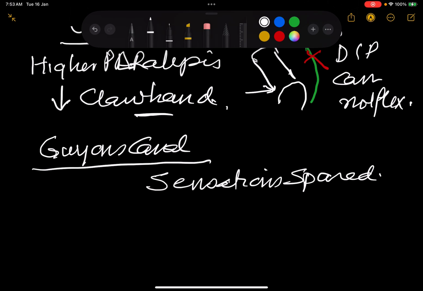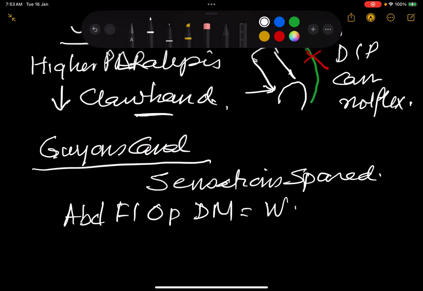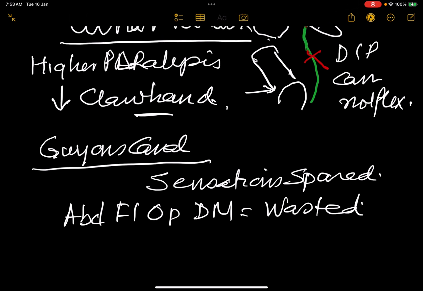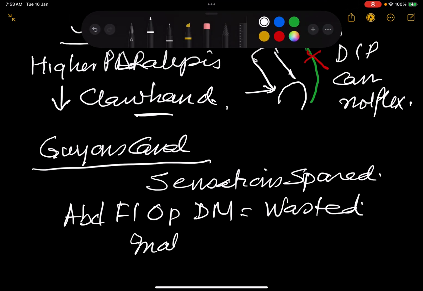But abductor, flexor and opponens digiti minimi will be wasted. And if you test the abductor, he is unable to abduct the little finger at the MP joint.